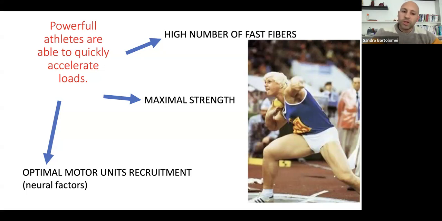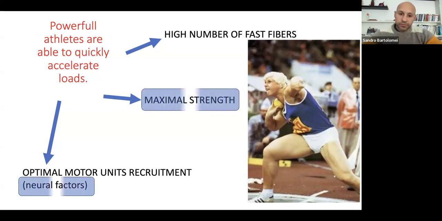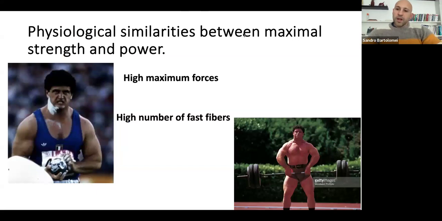So this is due to the central nervous system, okay? And the possibility to recruit fast fibers is important for both maximal strength and also for speed and strength speed. So there is some overlapping between the two kinds of force, maximal strength and power. So there are some physiological similarities between maximal strength and power. So high maximal forces, high number of fast fibers.